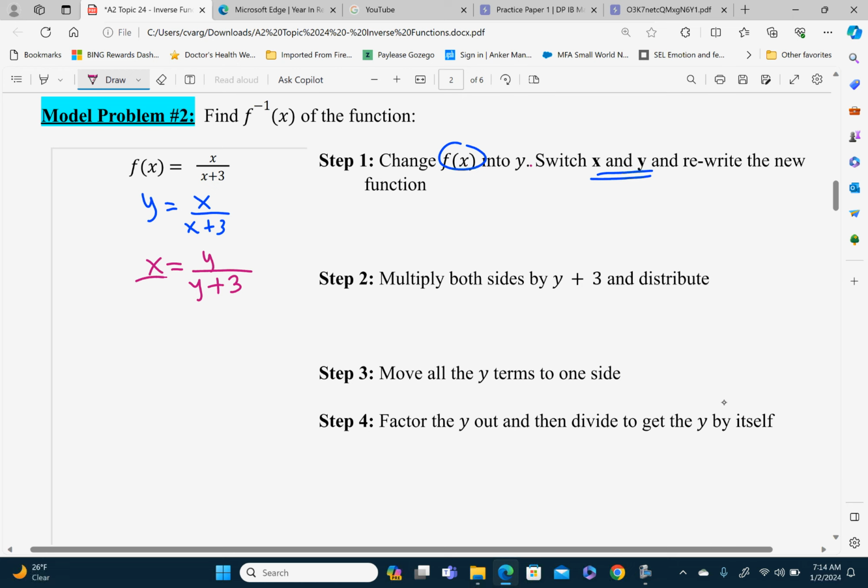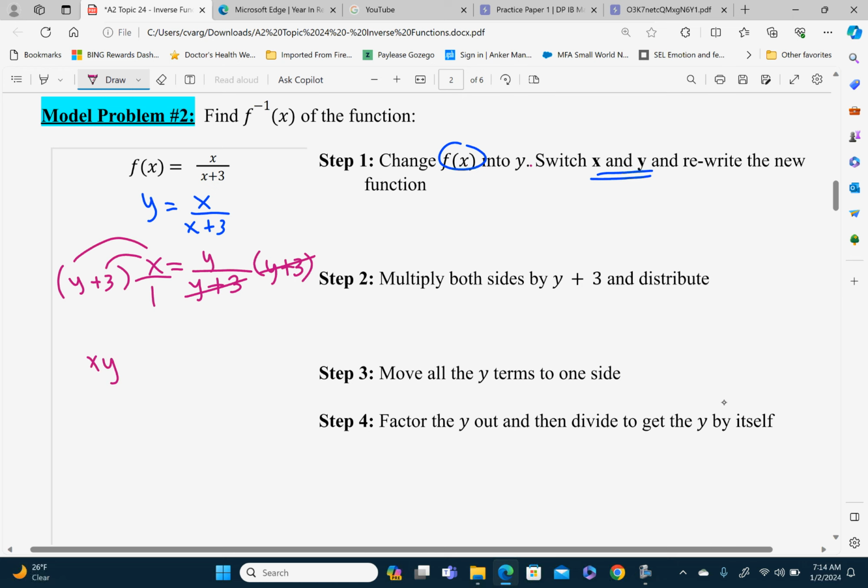So we can cross multiply here, or multiply both sides by y plus 3. So let's go ahead and follow the steps that I wrote. Multiply by y plus 3. And what does that allow us to do? Okay, cancels that out. So now I have distributive property here.